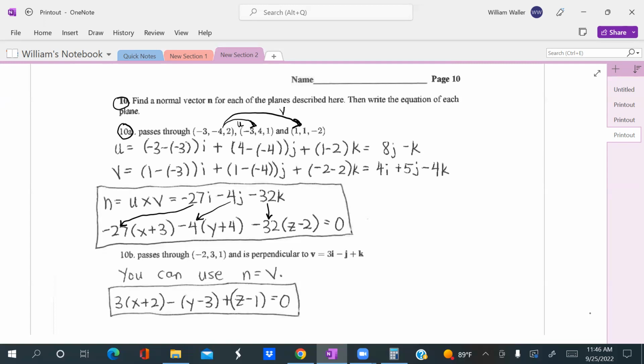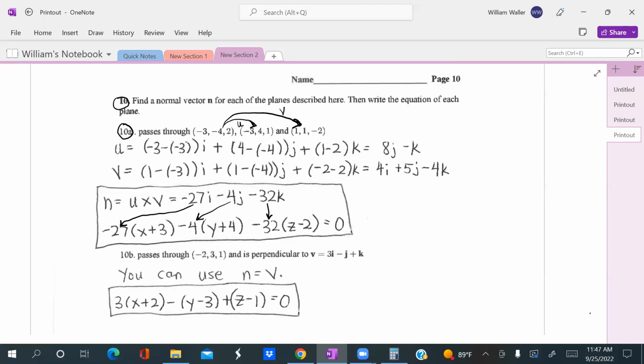So, solutions to this equation in 3 dimensions are points in 3 dimensions, because you have to have an x value, a y value, and a z value. Solutions to this equation will be points that fall on this plane. There are infinitely many solutions, but when you graph all of them, you get a plane that contains these 3 points.